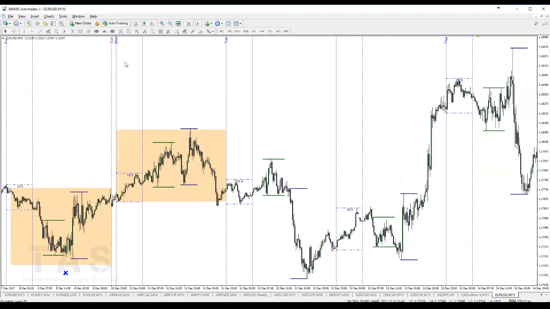It went up. Broke structure there. You have stops there. And after you get those stops, you want a retracement.